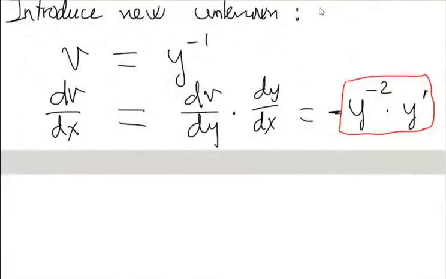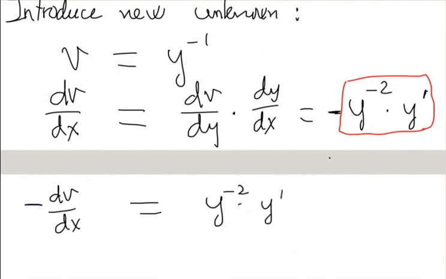Let's get rid of that by multiplying through by -1. So we will have minus dv dx equal to y to the -2 y prime.